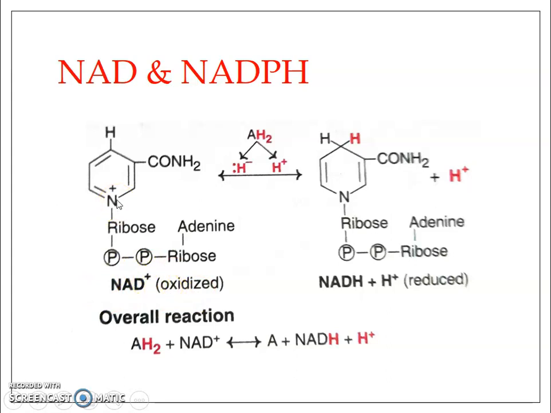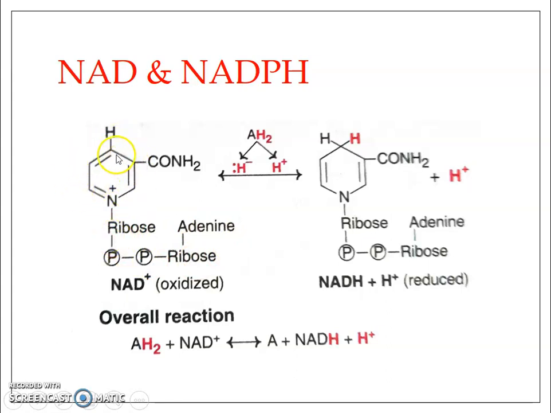Now when it undergoes reduction, it receives a hydride ion and an electron pair. This is received by the nicotinamide ring. It is not received by any of the other molecules. It is received on the nicotinamide ring.